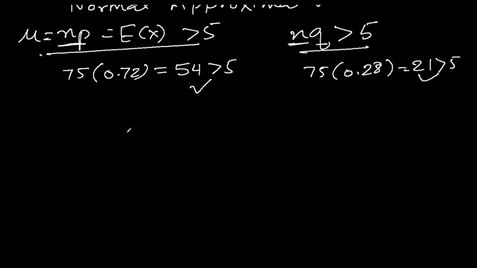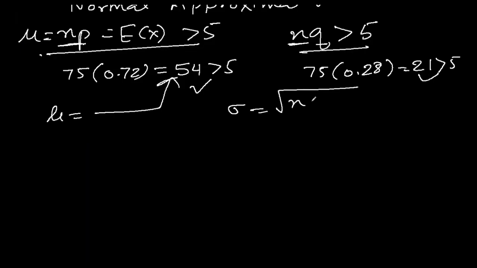And to do that, for normal distribution, we need a mean, right? And we know the mean now, it's 54. What about standard deviation? Standard deviation is the square root of n, p, and q. This is what we learned in binomial distribution.